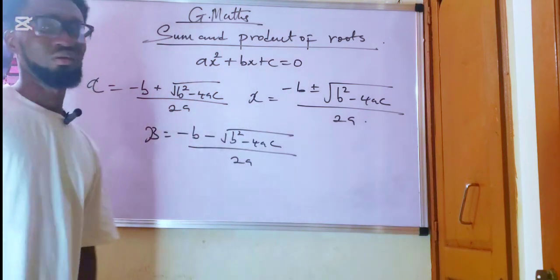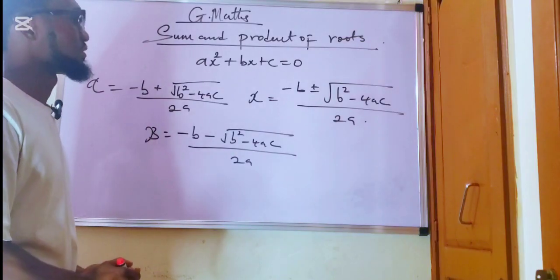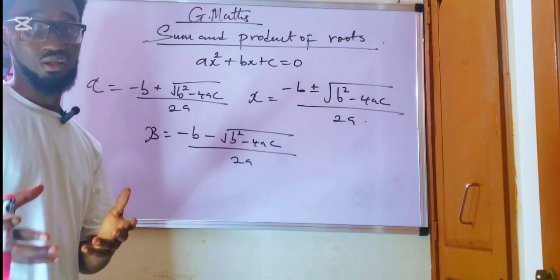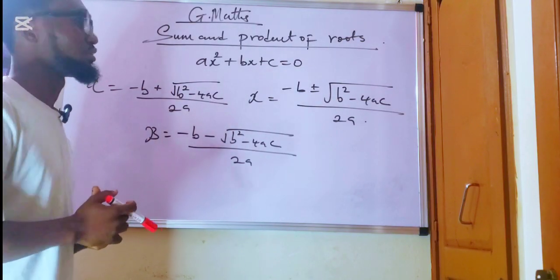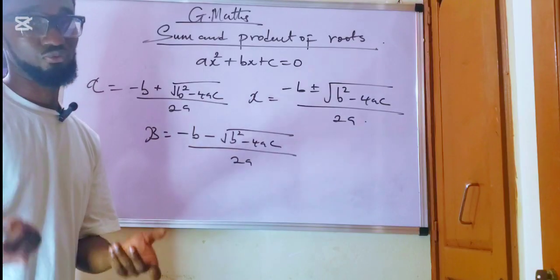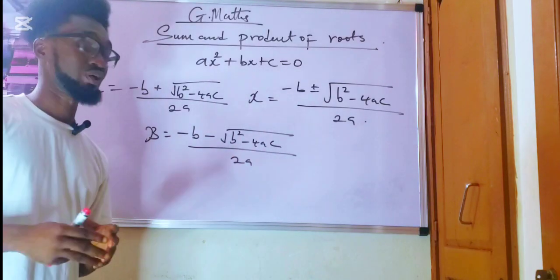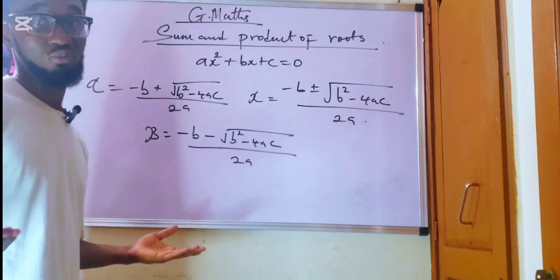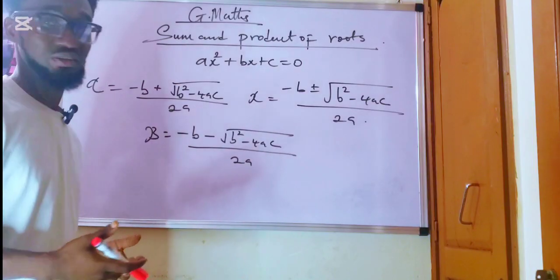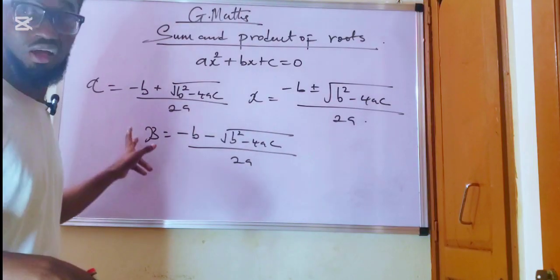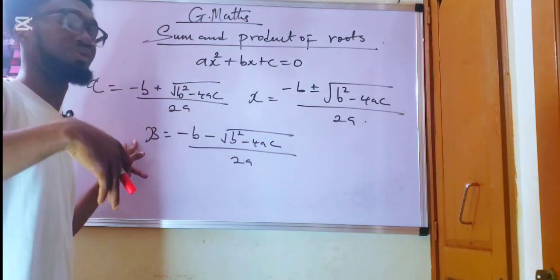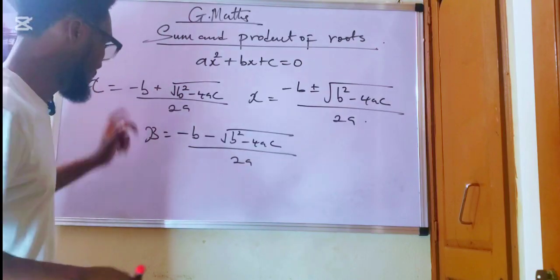But remember that the first thing I plan teaching you is the derivation of the sum of roots. When we say sum of roots, in general mathematical terms, sum means addition, right? So the sum of roots means the sum of alpha and beta.